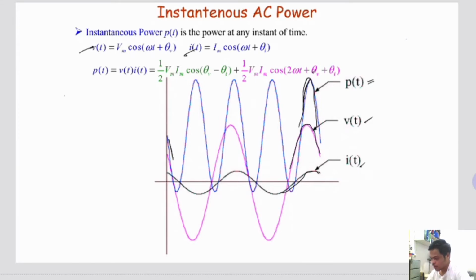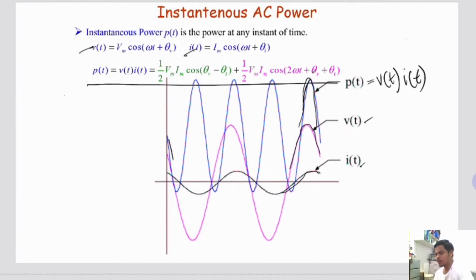This product is what we call our instantaneous AC power, and this is derived according to the trigonometric identity.